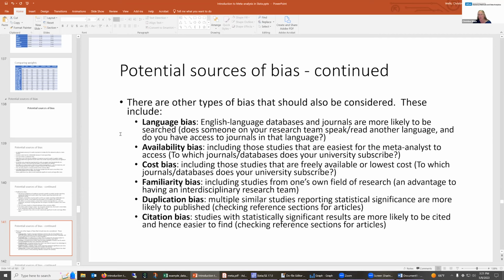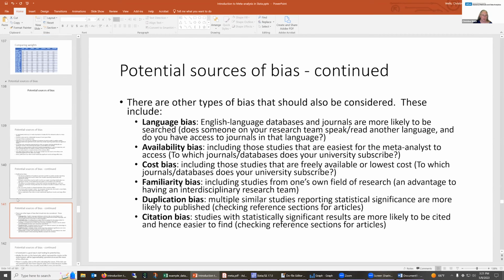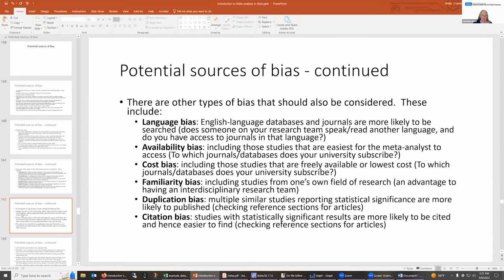But when you do that, you will find that you get a lot of duplicates because everybody's referencing the same articles here. And then there's the citation bias. So studies with statistically significant results are more likely to be cited and hence easier to find. So anyhow, those are some of the things we do need to consider.